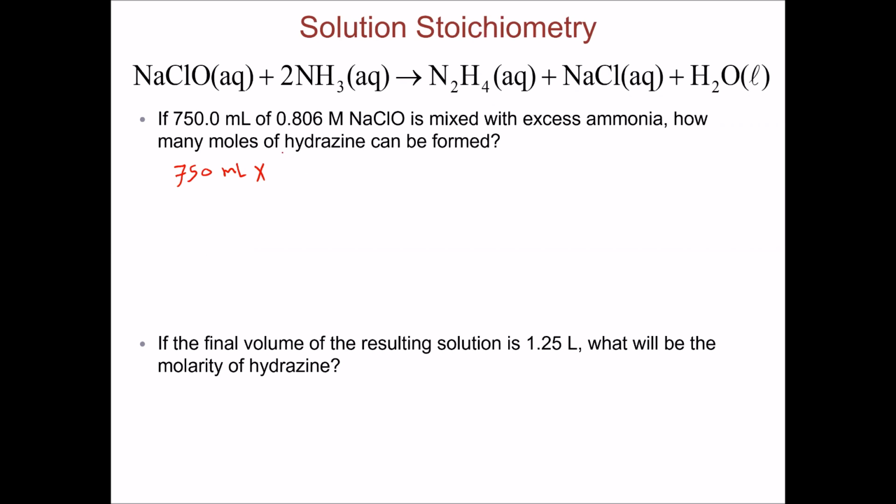So we'll multiply it times 1 liter over 1,000 milliliters, and then use the molarity to find the number of moles of sodium hypochlorite. So we'll multiply it times 0.806 moles sodium hypochlorite over 1 liter.